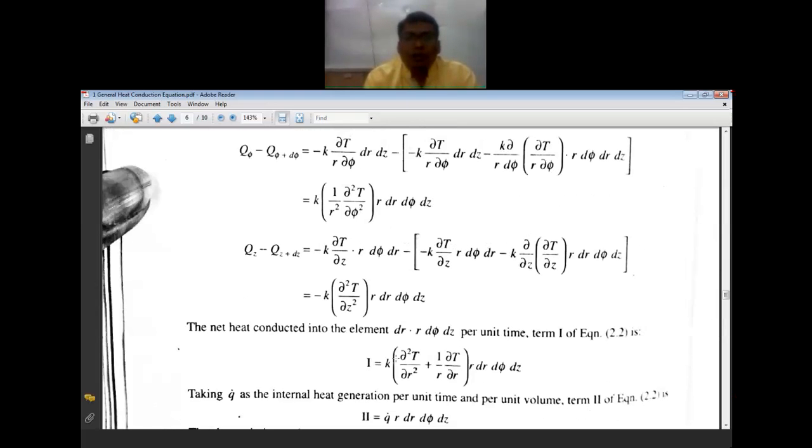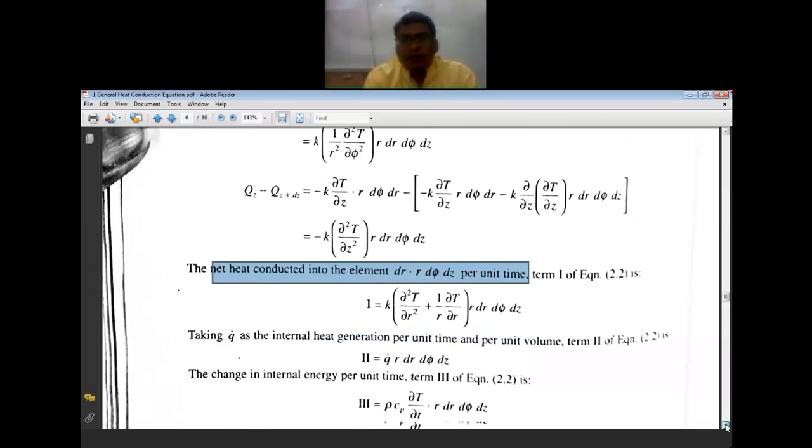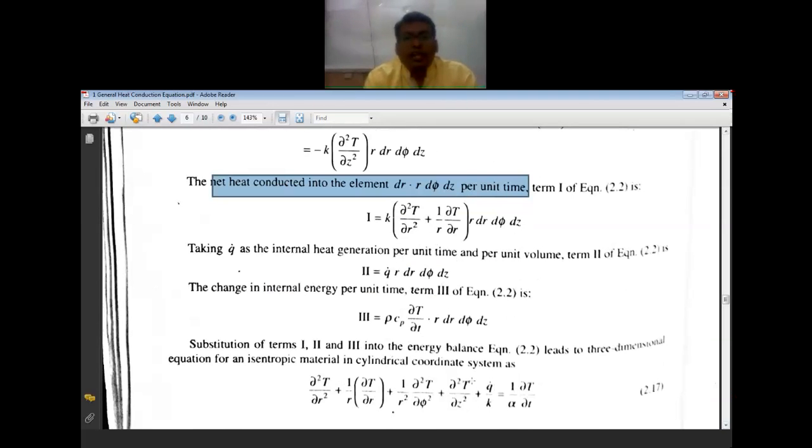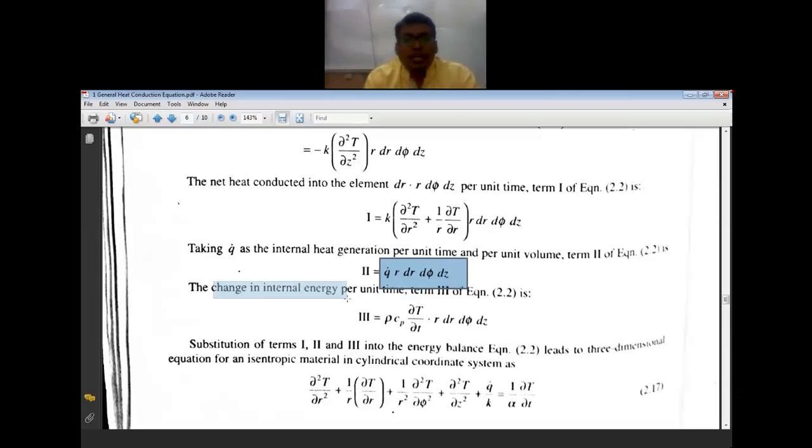So in the same way I have to consider the first term, the net heat conducted into the element in dr, r d phi and dz per unit time. Then the second term, the internal heat generation, that is q dot r dr into d phi into dz, and the third term, the change in the internal energy, that is the accumulation term.